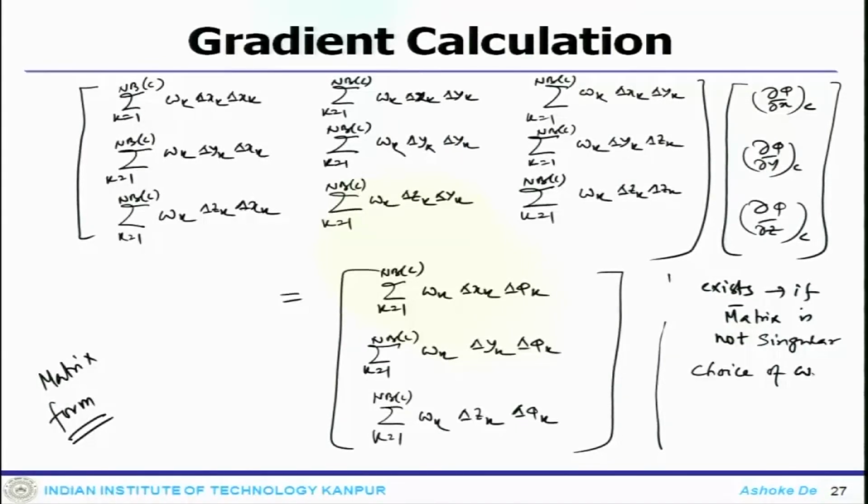The choice of Wk is also very important, because that will, to some extent, partially contribute to the convergence of this system. For example, if Wk is chosen to be 1 for all the neighbors of C, then all neighboring points will have the same weight in the computation of the gradient, irrespective of whether they are near or far from point C. So, that is one problem.